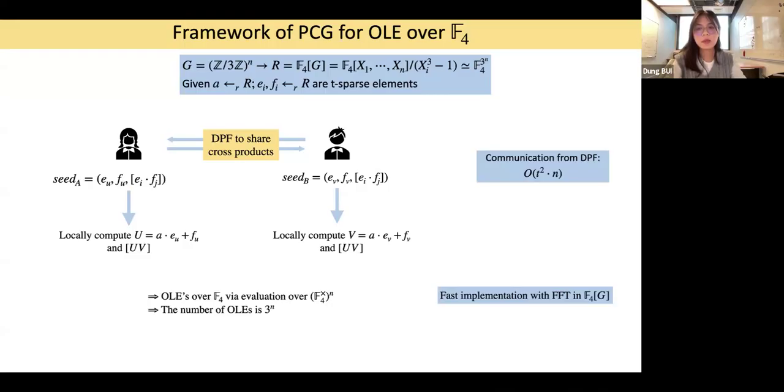So for the communication cost, basically we need to distribute the point, the vector of length N. We need to distribute the point of the cross product of two sparse vectors.